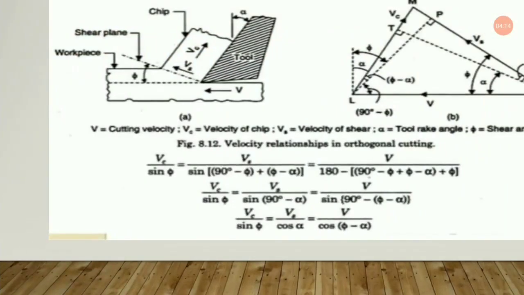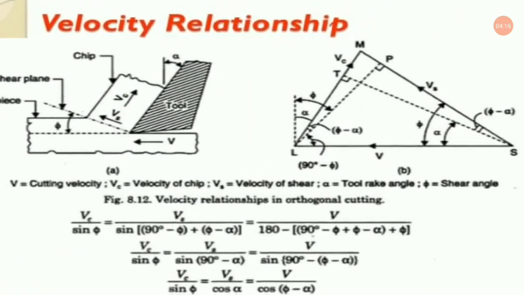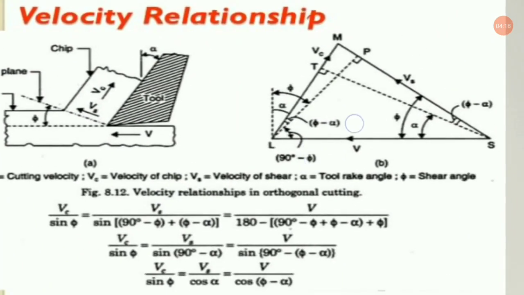Now if you consider the geometry of this particular diagram, here this is a perpendicular, here this is a perpendicular, and if you consider the rake angle as well, this is the perpendicular. The rake angle is alpha, and this one is the shear angle phi. Then this one is phi minus alpha, this is also phi minus alpha, and this is 90 minus phi.